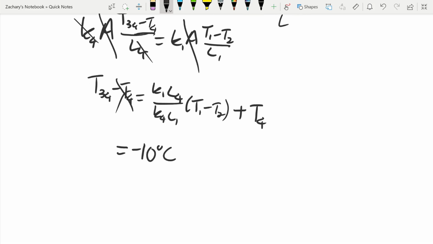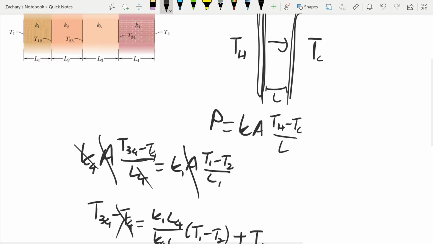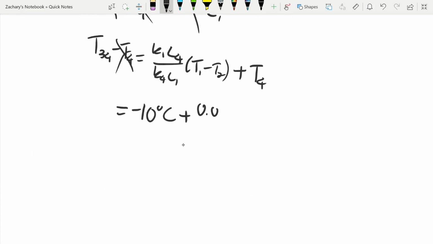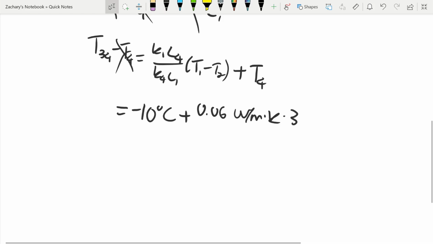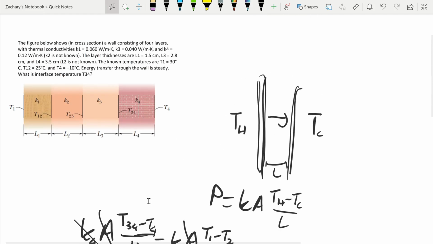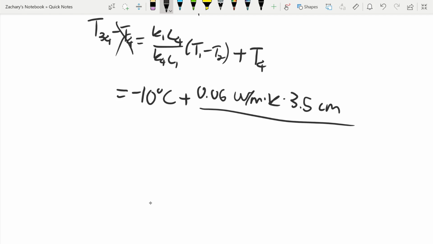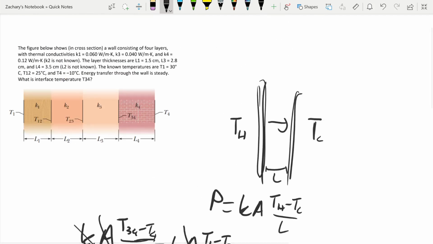So this plus K1, which is 0.06 watts per K, times L4, which is 3.5 centimeters, over 0.12, which is K4, times L1, which is 1.5 centimeters.